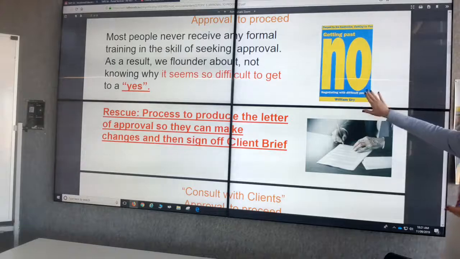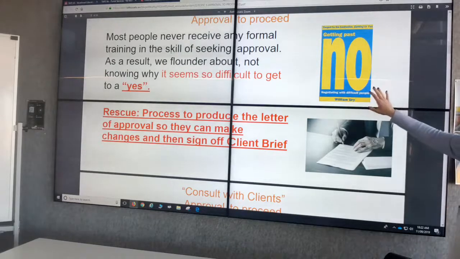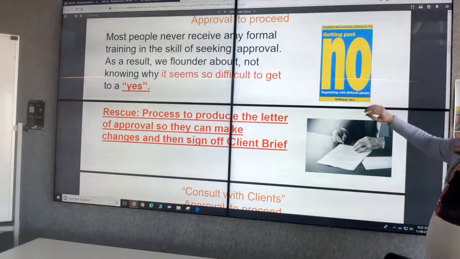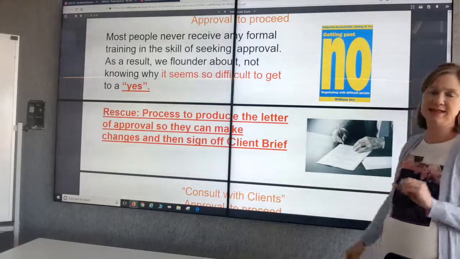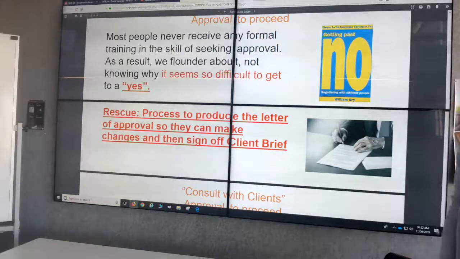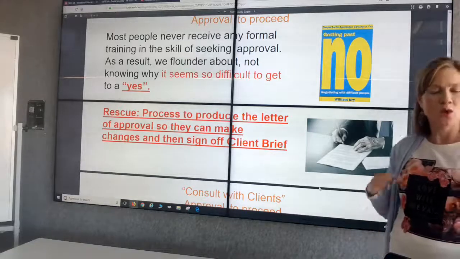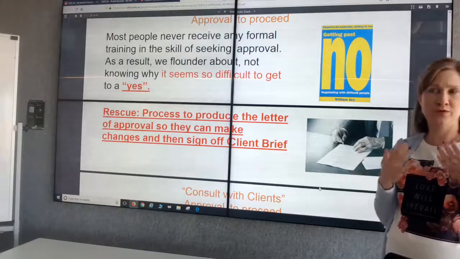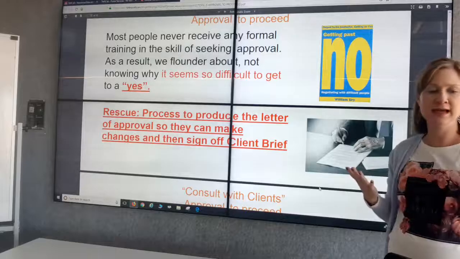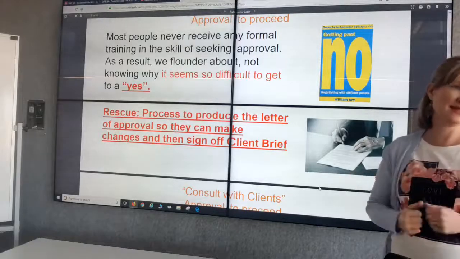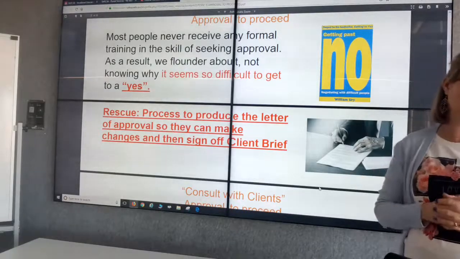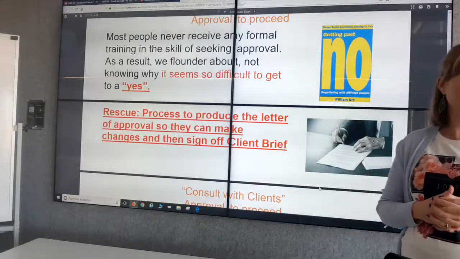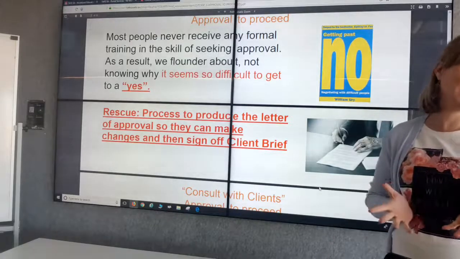So we really just don't want to get that no. And if there is a possibility that there is a no, you could always follow up and ask, if you feel that you would like to, why did we not get that tender, or why did we not get that job? And often clients will tell you why.